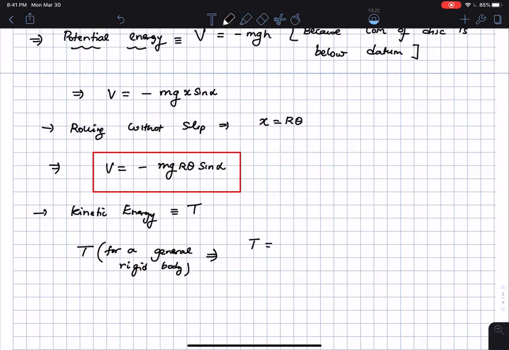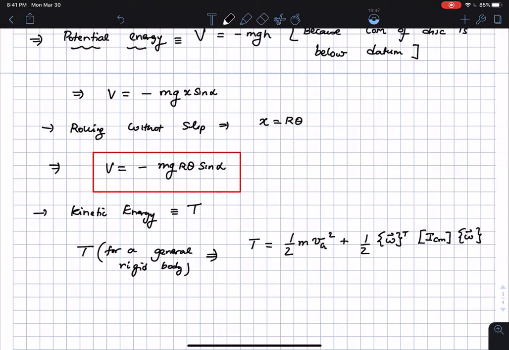Capital T is half m vG squared plus half times the angular velocity vector transpose multiplied by I about the center of mass, and then the angular velocity vector omega.